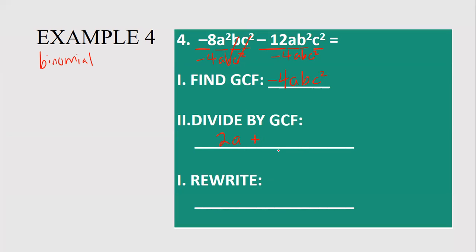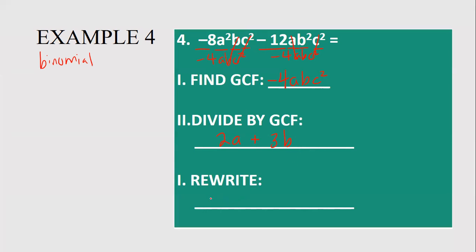So instead of minus, it becomes a plus. A divided by A is A to the 0, which is 1. You're good. B squared divided by B. So we have 3B. And then what happens to the C squared? So that's my quotient.